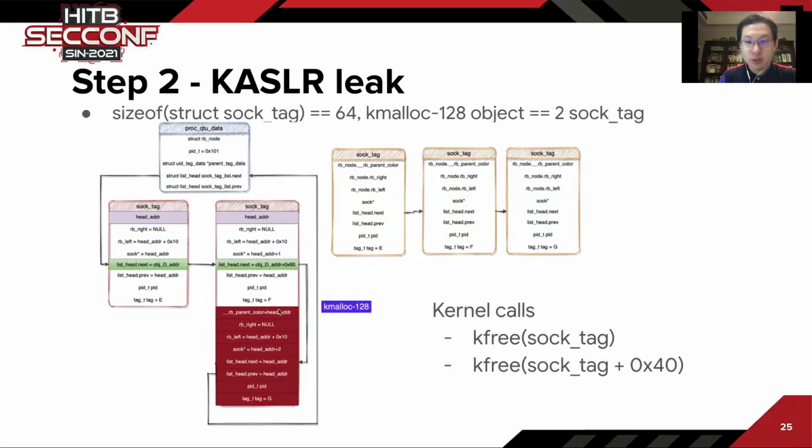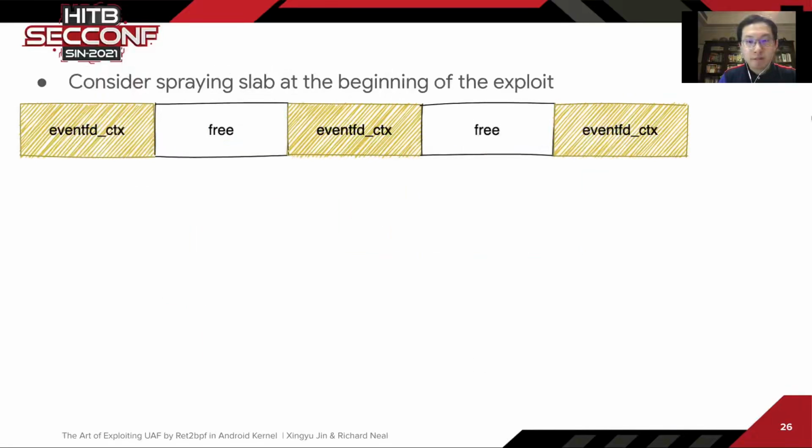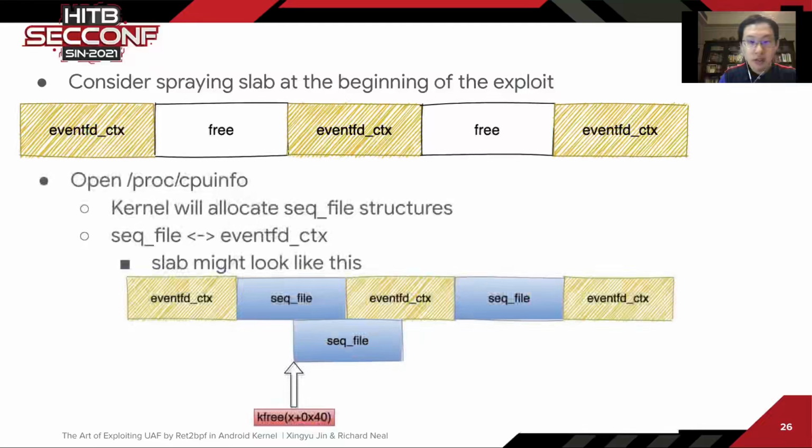Consider spraying the slab at the beginning of the exploit, and then keep opening a lot of proc cpuinfo files, so the kernel will allocate a number of seq_file structures. Because of the double free primitive, two seq_file structures are very likely to overlap each other in this case.